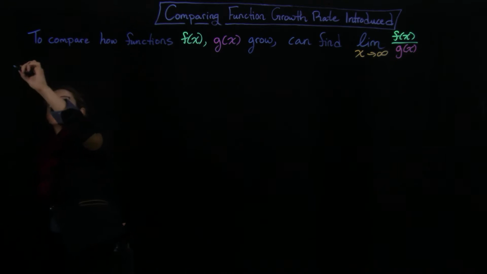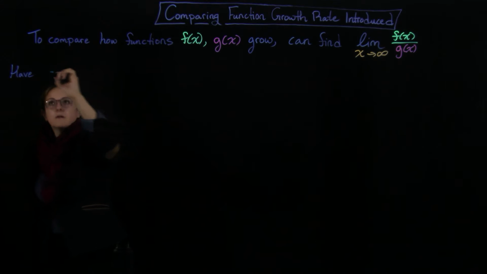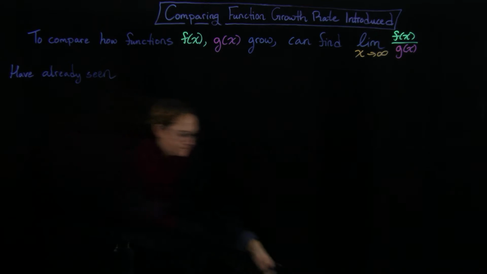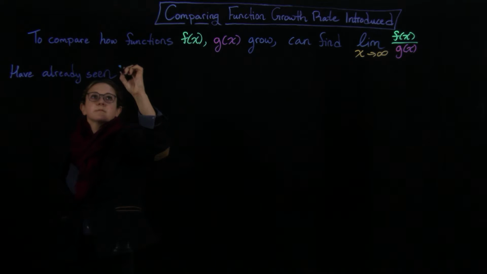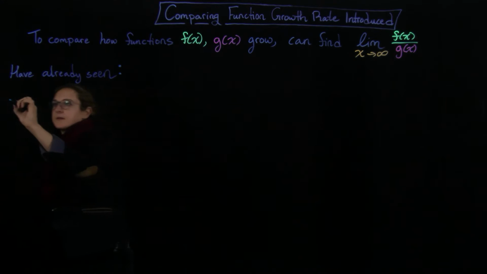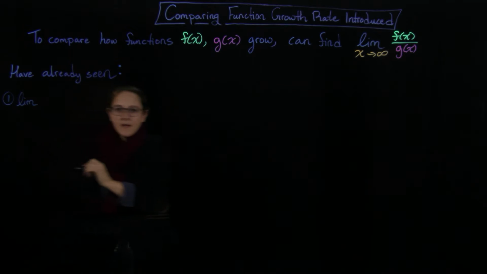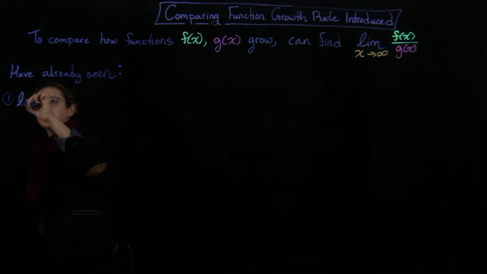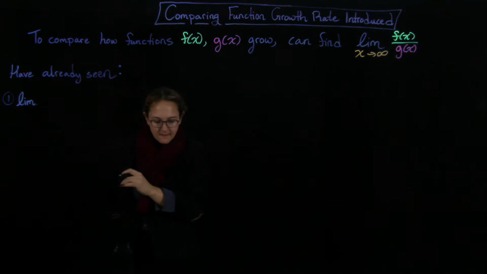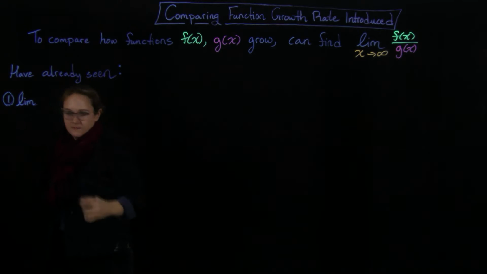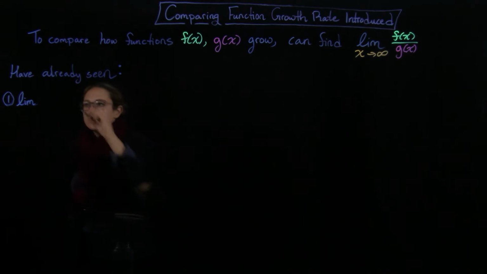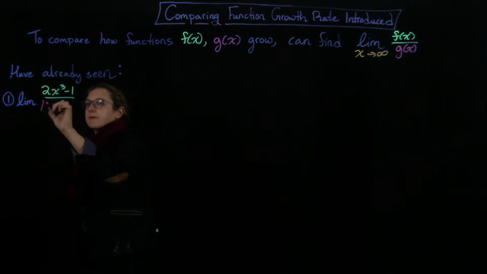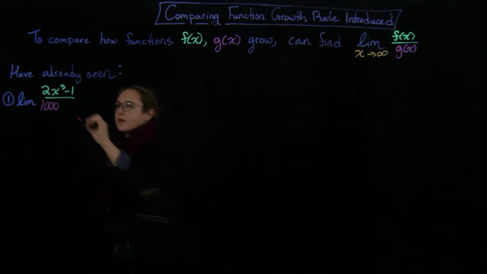So we have already seen that. So here's the first one: if I take the limit, on the top we're going to have 2x cubed minus 1, and we can divide this by, maybe I have 1,000, and then x squared plus pi x.